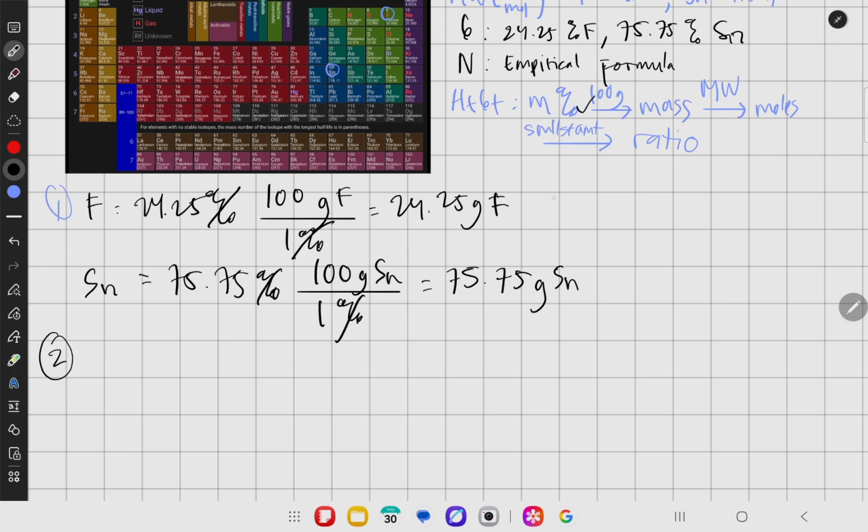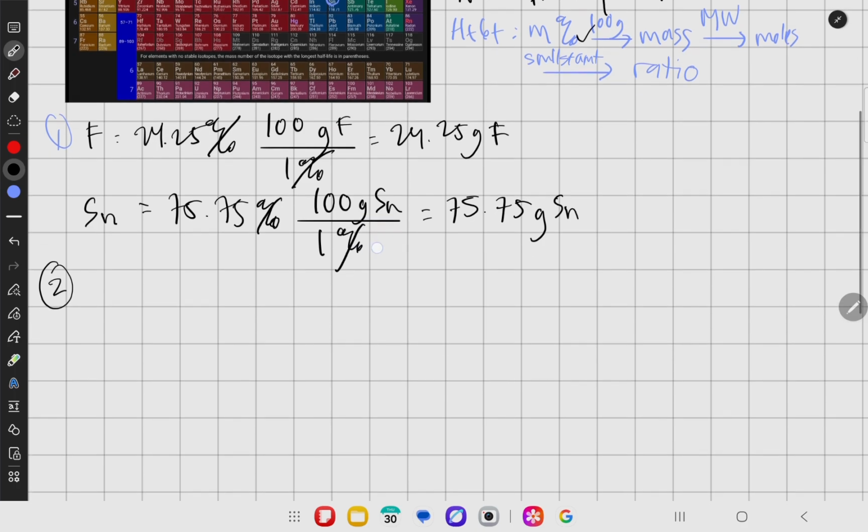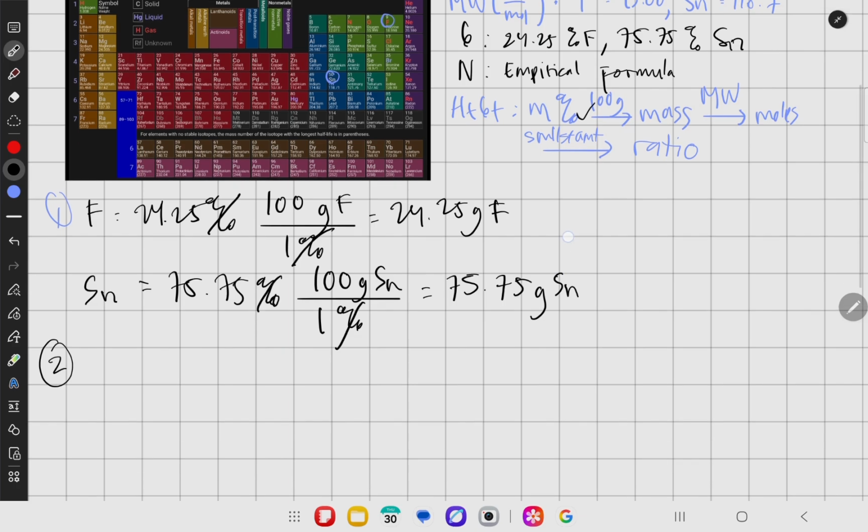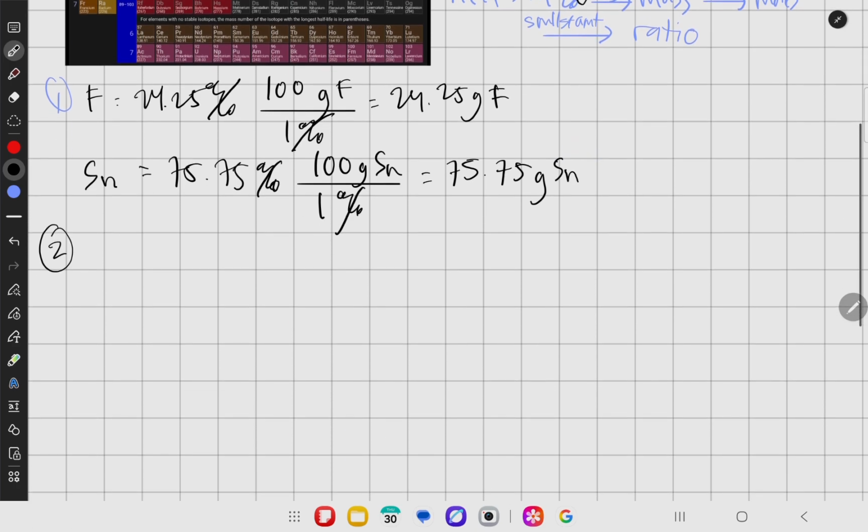We need to find the moles from the mass, with the help of the molar weight. As we can see here, we already know the molar weights are 19.00 for fluorine and 118.7 for tin. So we just calculate it.